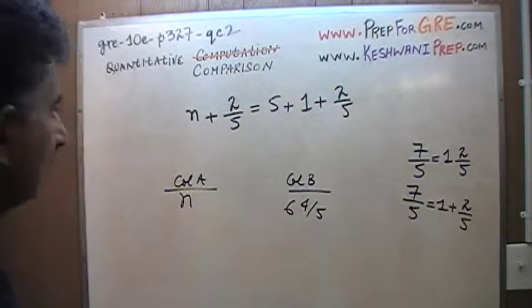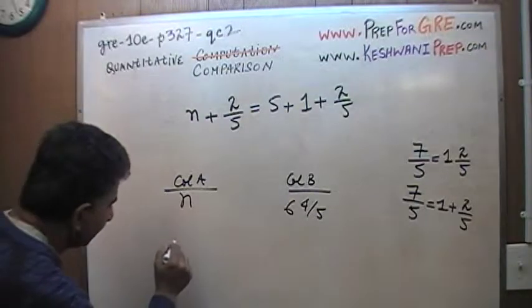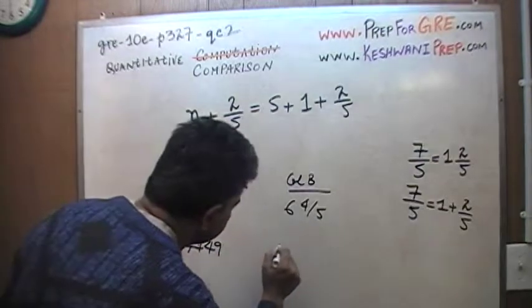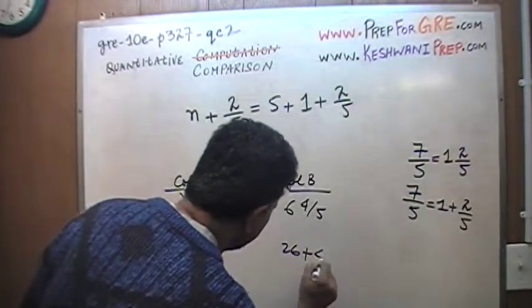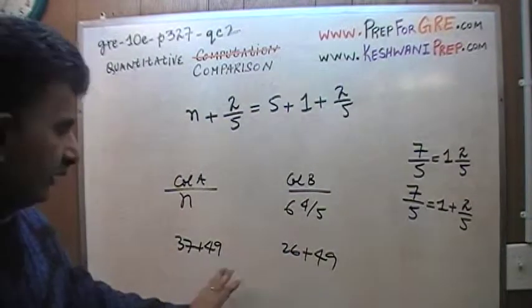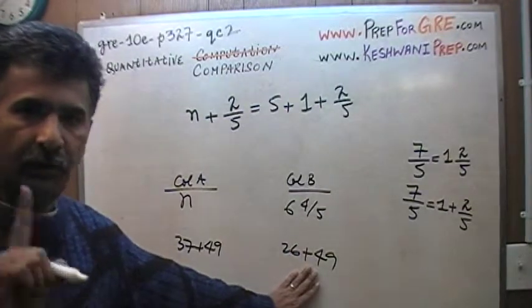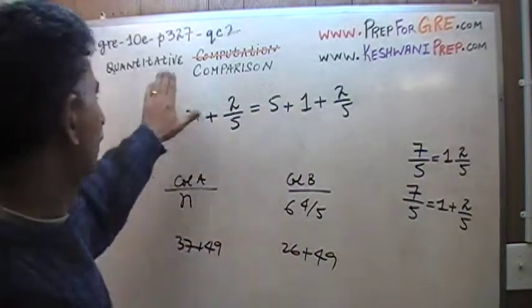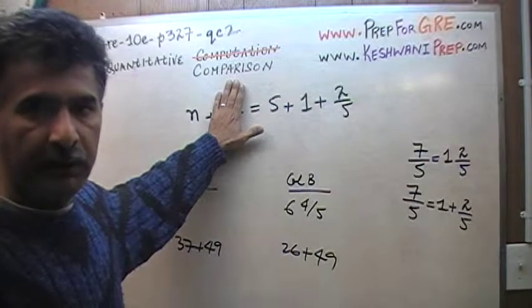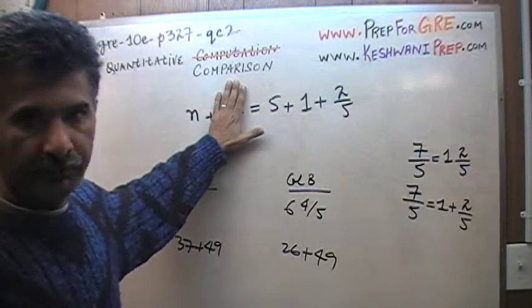See, for example, if I ask you which quantity is bigger, 37 plus 49 or 26 plus 49, and you sit there and start adding these two quantities, you're still missing the point. These questions are called quantitative comparison. Your job is to compare the two quantities, not compute them. You understand?